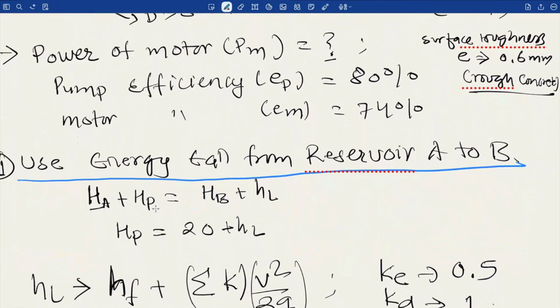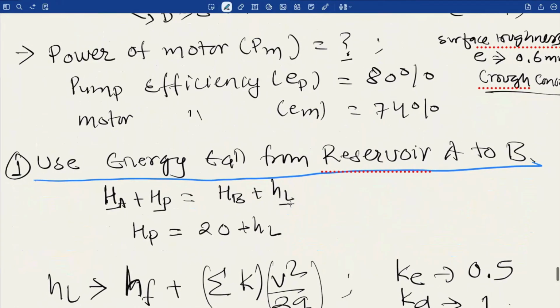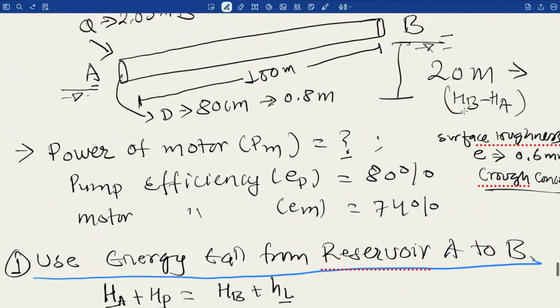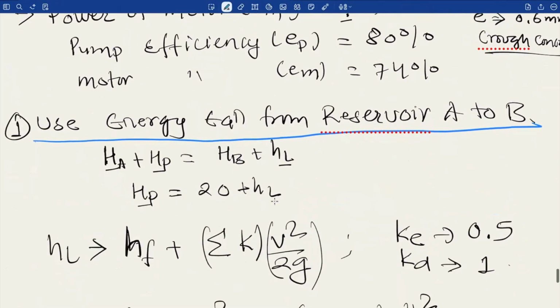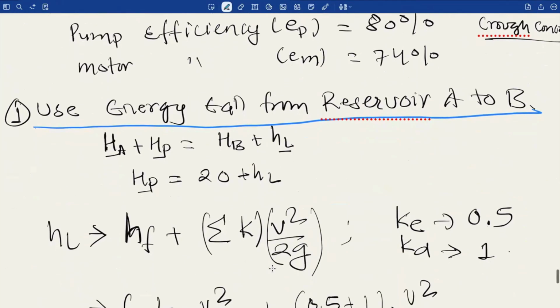Let us use the energy equation for relating the head loss and HP. HA plus HP, head added by the pump, will be equal to HB plus HL, where HL is the major plus minor head loss. So HP will be equal to HB minus HA, which we just computed here as 20 meter, plus HL.